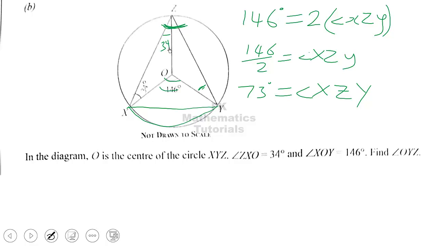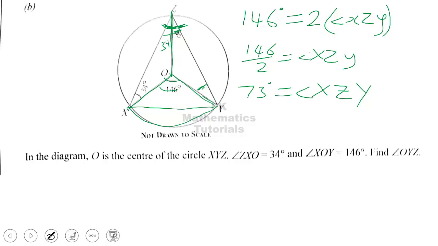And this triangle ZXO is isosceles because ZO and OX are radii. So the base angles are equal. In the same way, ZO and OY are also radii. So this angle is equal to this angle over here.